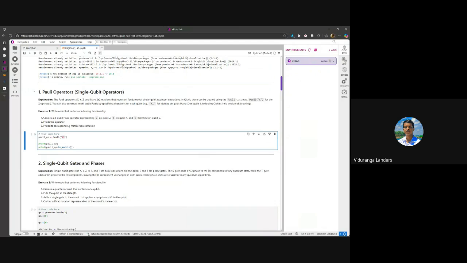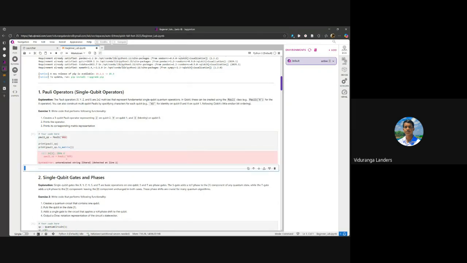So if you want to combine any of these, let's say you want to create a gate that adds XXX to all the qubits. So you go like this, and then it will create a matrix.